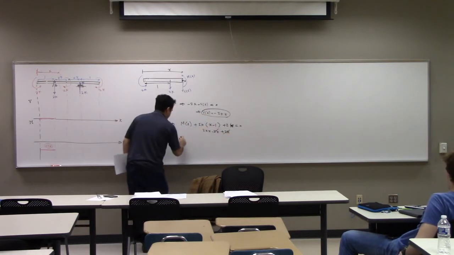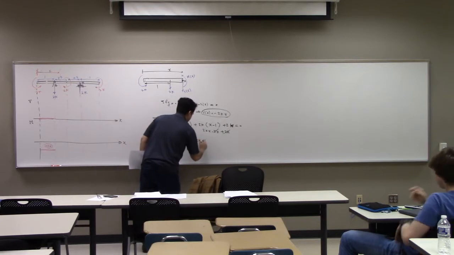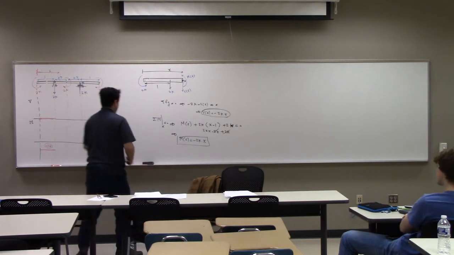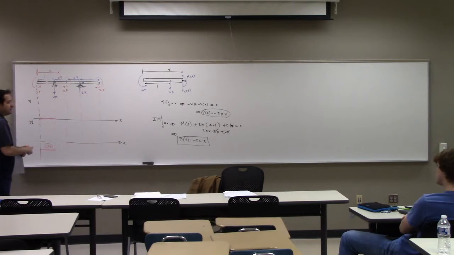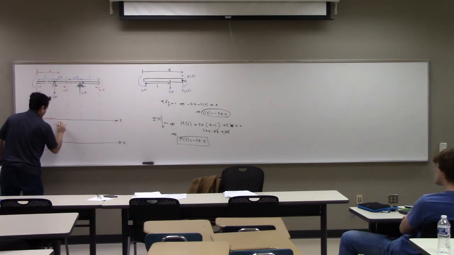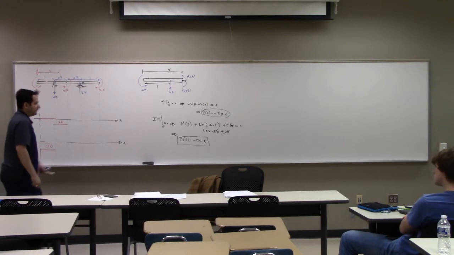Take it to the right. mx is equal to negative 2k times x. The shear load is negative 2k, and your bending moment is negative 2k times x.